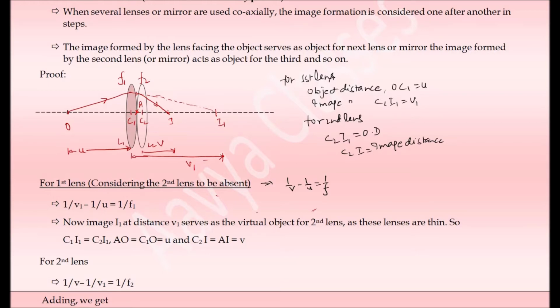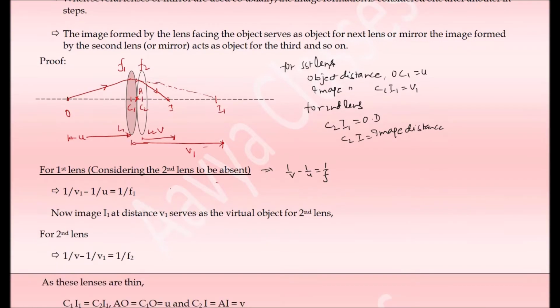So 1/v1 minus 1/u is equal to 1/f1. Now if we put in the values, 1/v1 is equal to 1/C1I1 for the first lens, minus 1/C1O, is equal to 1/f1. So this is basically our equation 1, as C1I1 is the image distance and C1O is the object distance.